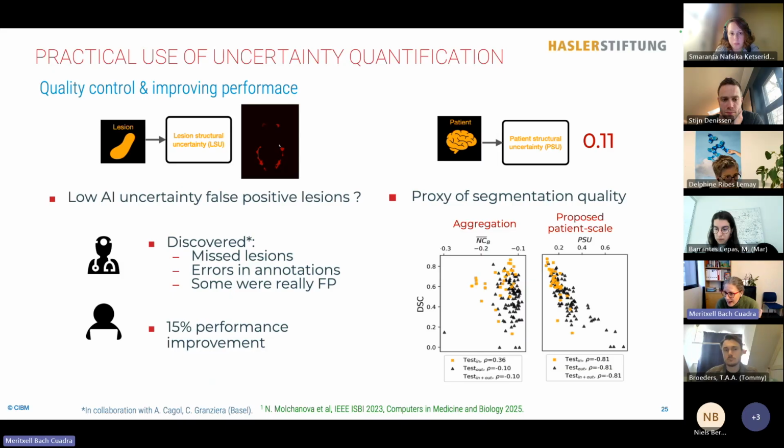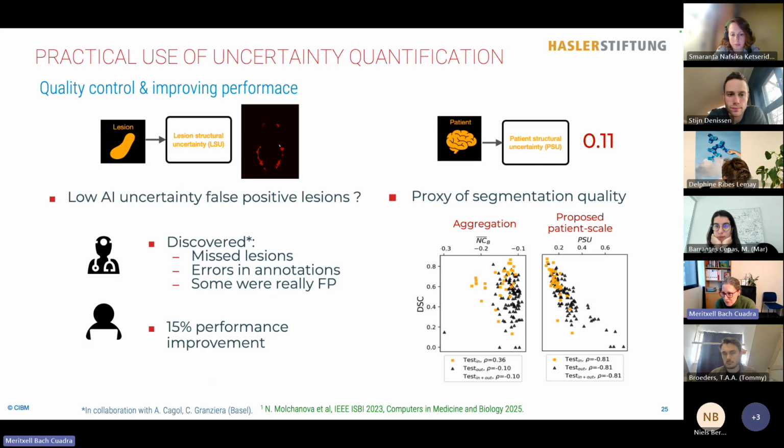Another third were misunderstandings between annotators on the way they were annotating the lesions. And the last third were really false positives. Then we took these corrected masks and increased the performance of the model by 50%. So this is just one example from a technical perspective of how uncertainty helped guide the interaction with the doctors in evaluating the algorithms.